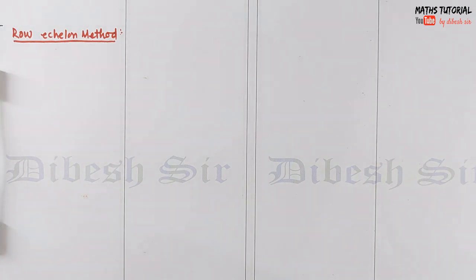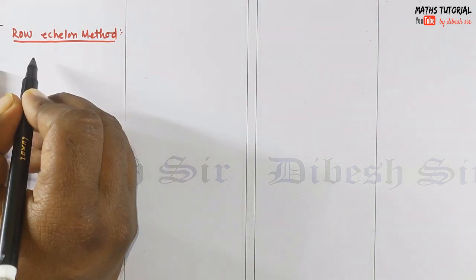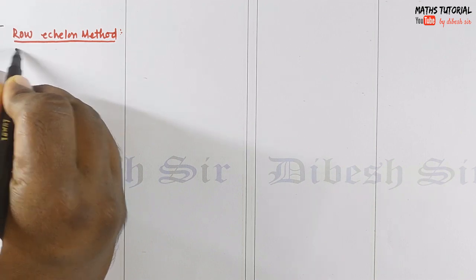First, the row echelon method. This method depends on two results.